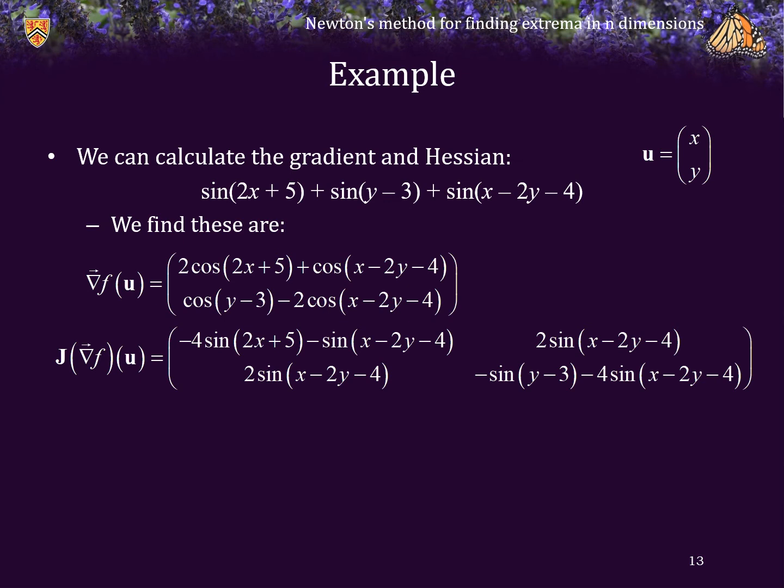So we take the first entry of the gradient, and we take the partial with respect to x first, and then we take the partial of that first entry with respect to y. That becomes the entry 1, 2. Then we do the same with the second entry of the gradient. We take the partial with respect to x, and then the partial with respect to y.